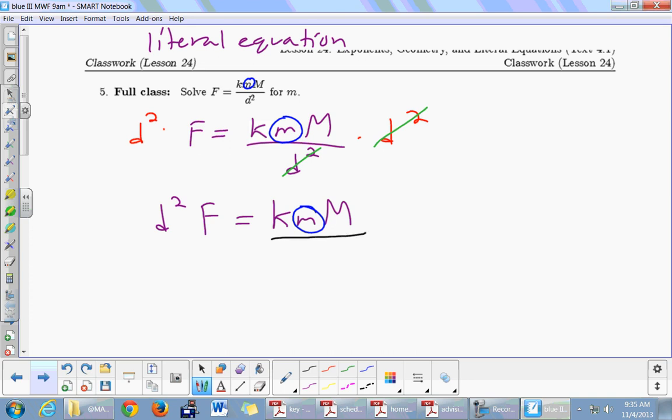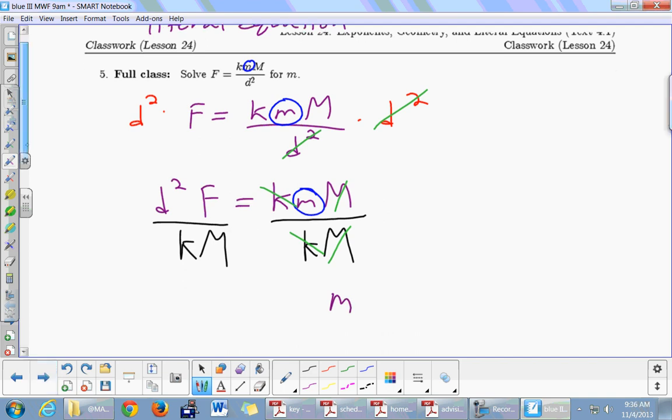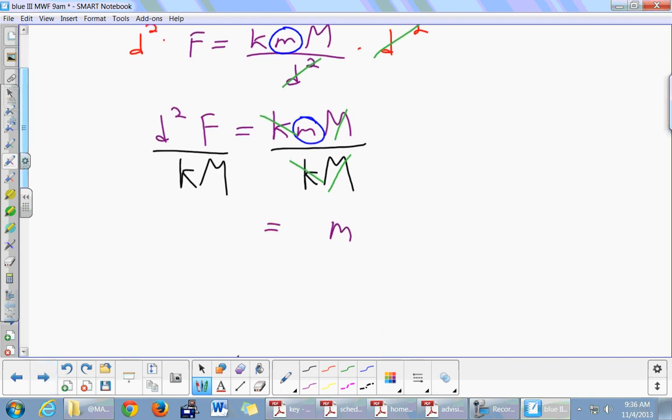So we're going to divide both sides by k and capital M. What nice thing happens on the right-hand side? The k cancels, M cancels, and we're left with exactly what we wanted, which was little m, equals d squared times f divided by k times capital M.